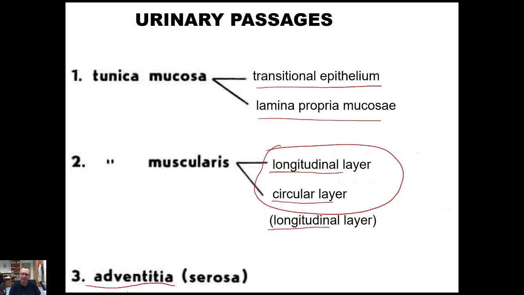Urethra is situated in the perineum, and so these organs are firmly connected to the surrounding connective tissue by tunica adventitia.